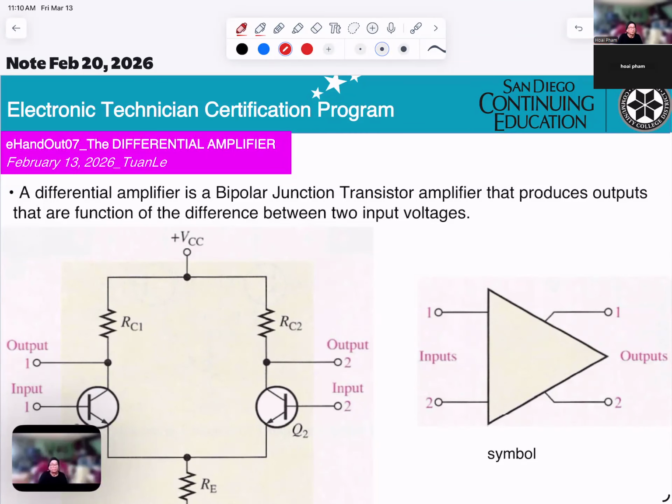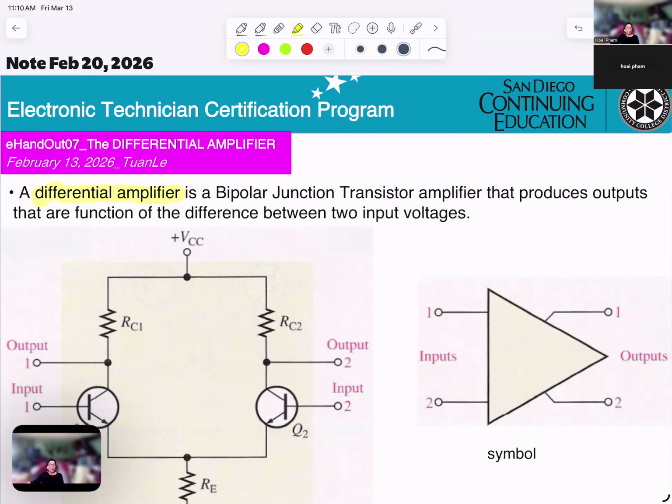Hello. Okay, today we will be talking about the differential amplifier.